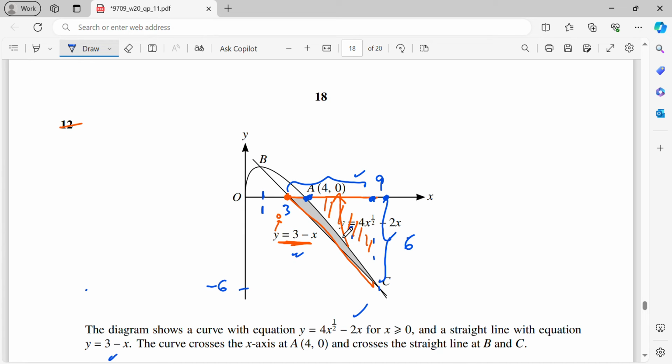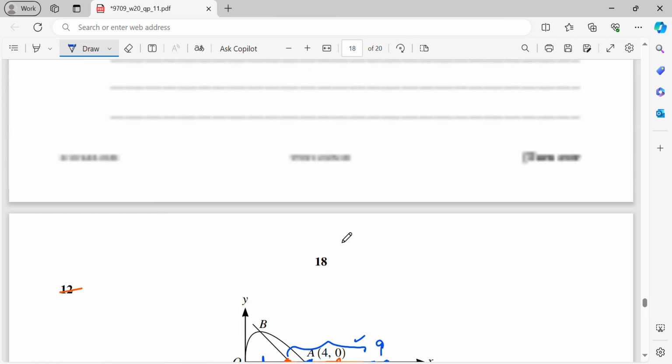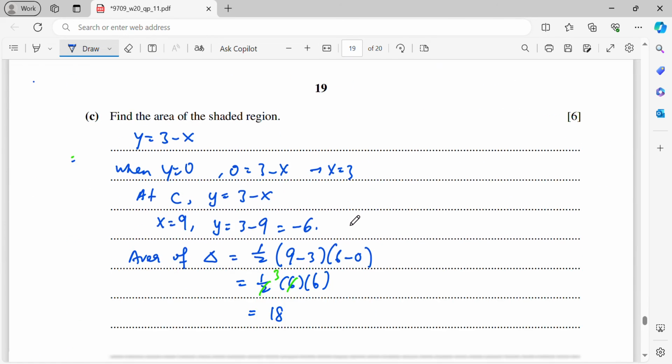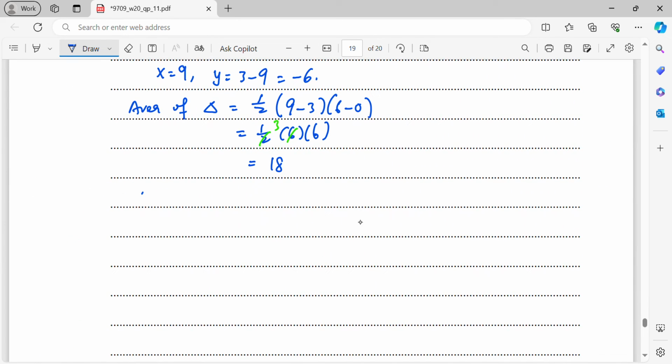Because the region is below the x-axis, then your integration will be a negative value. So I will integrate 4x to the power of half. Area under the curve, okay, I would say area bounded by the curve and the x-axis.